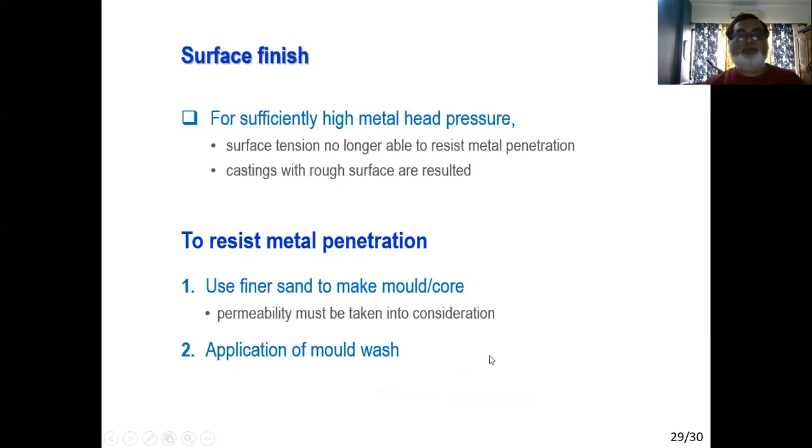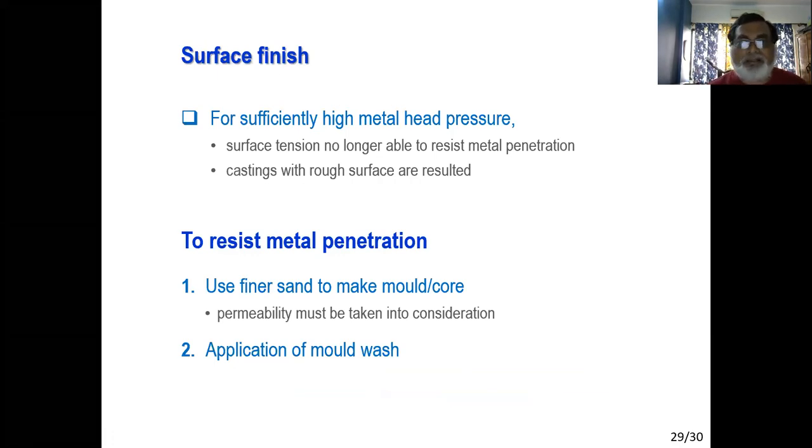Okay, so the last topic is surface finish, another important issue. If the metal head pressure is very high, what will happen? From our earlier equation, we see that if the external pressure is very high, then liquid metal can be forced to enter the mold cavity.